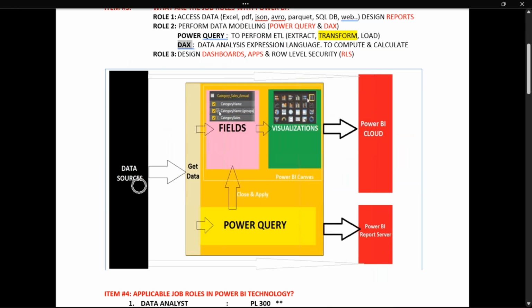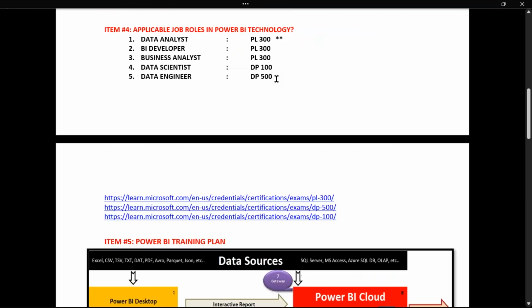So data sources will be submitted to Power Query. From there, we have formatted data to step into reporting, either cloud or report server. Two different hosting environments, both parts of our course.